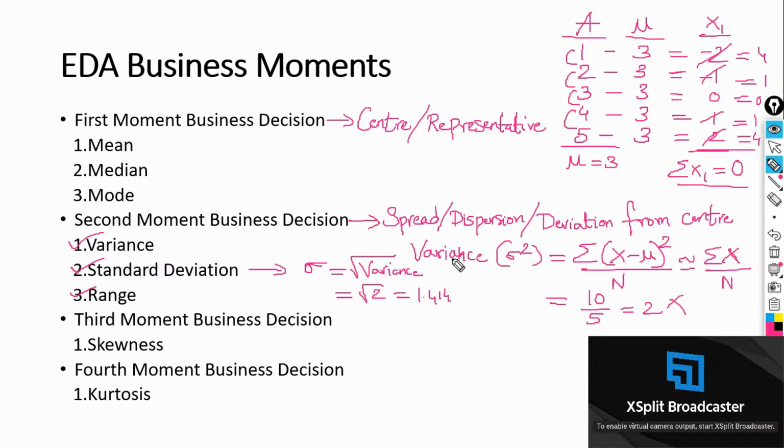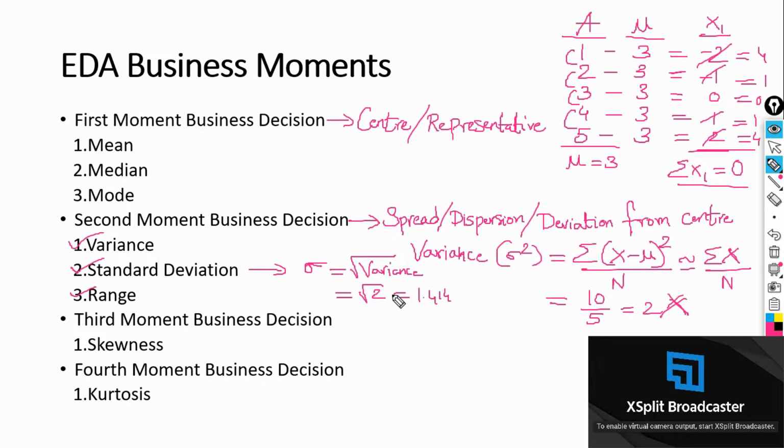What is the disadvantage of considering variance value? Variance value will return you the squared spread of the data, but this is not original. In order to get the original spread, you have to go with standard deviation, which is represented with sigma, which is nothing but square root of variance.